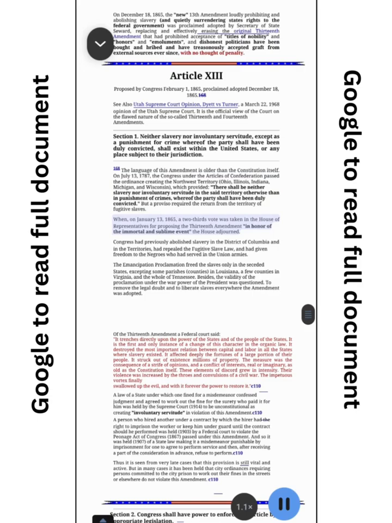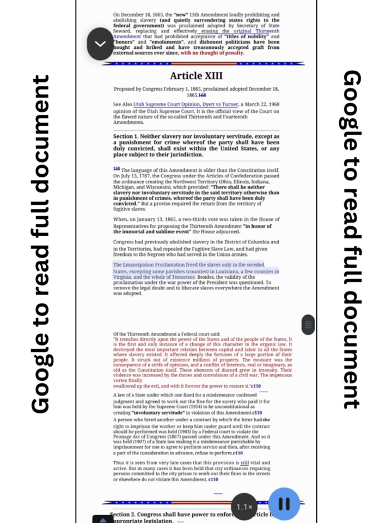When, on January 13, 1865, a two-thirds vote was taken in the House of Representatives for proposing the 13th Amendment, in honor of the immortal and sublime event, the House adjourned. Congress had previously abolished slavery in the District of Columbia and in the territories, had repealed the fugitive slave law, and had given freedom to the Negroes who had served in the Union armies.